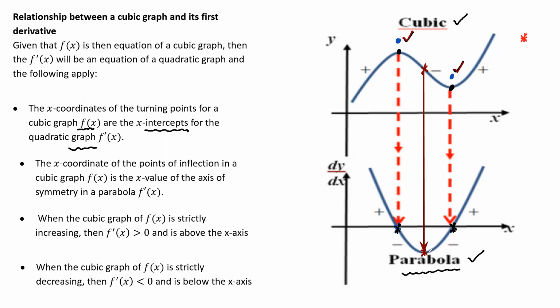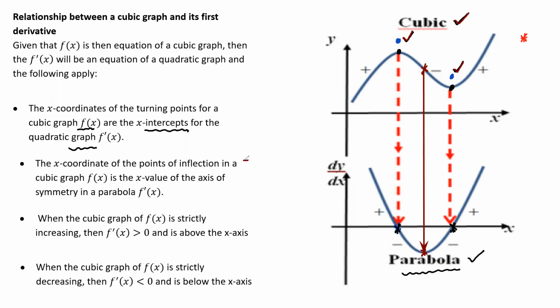So let me get this clear. The x-coordinate of the turning point of the parabola is also supposed to be the axis of symmetry. So if I was to put this properly, I would say the x-coordinate of the point of inflection in the cubic graph is the axis of symmetry for the parabola, and further on, it is the x-coordinate of the turning point of the parabola.